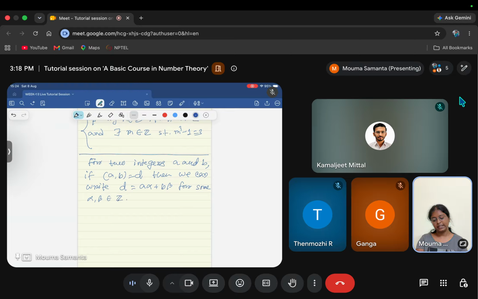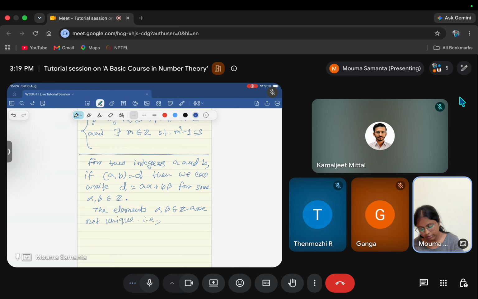Now we said that this pair alpha, beta is not unique. What does it mean? This means that the elements alpha, beta belonging to Z are not unique.